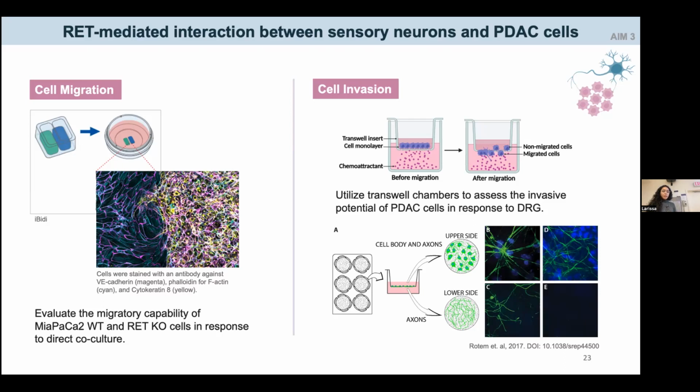We will evaluate the migratory capability of PDAC cells in response to direct co-culture with DRG neurons using a modified migration assay. And also, using an indirect co-culture model, we aim to investigate whether PDAC cells can migrate towards DRG neurons.